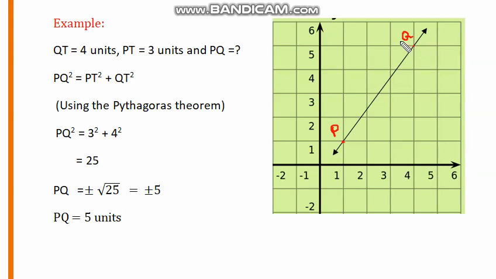So first we need to make a right angle triangle. Why do we need to make a right angle triangle here? See, this is a slanting line. Directly we cannot find out the distance.